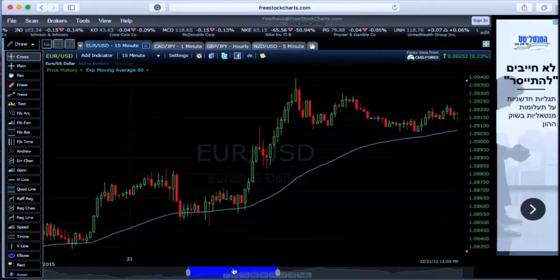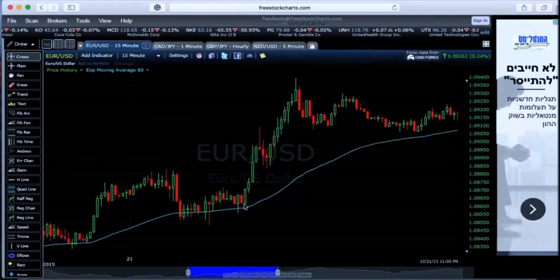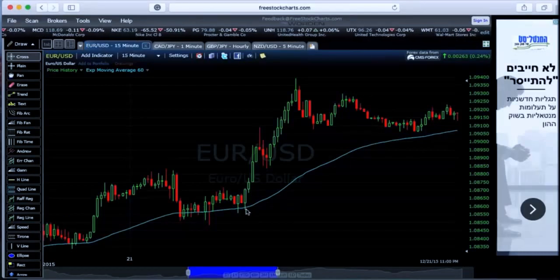Now here you had two opportunities to get in the trade. As you can see, this candle engulfed the previous one and retraced from the 60 moving average.